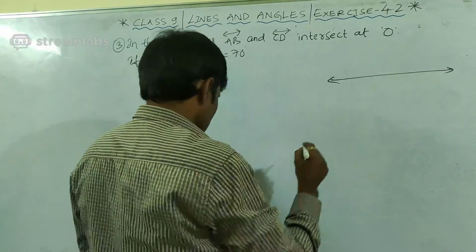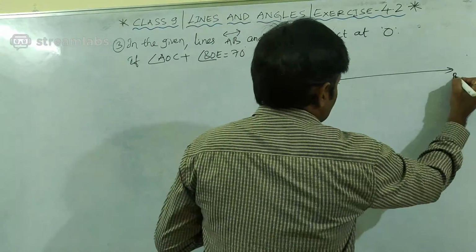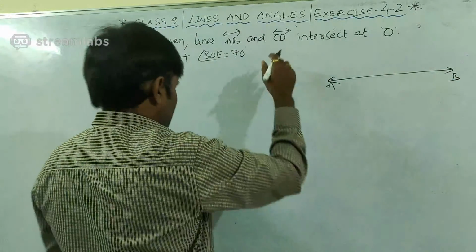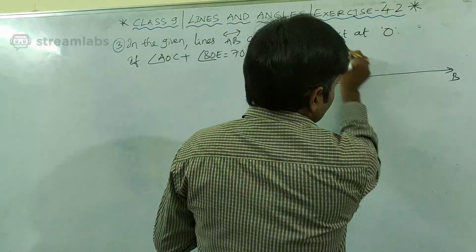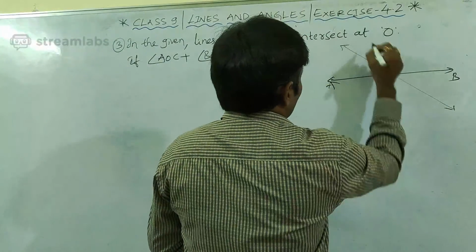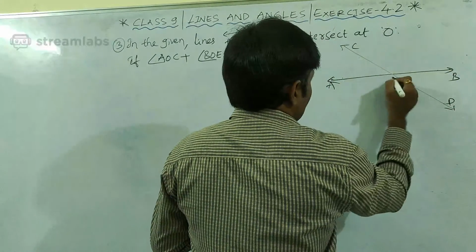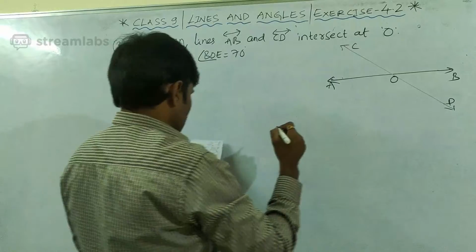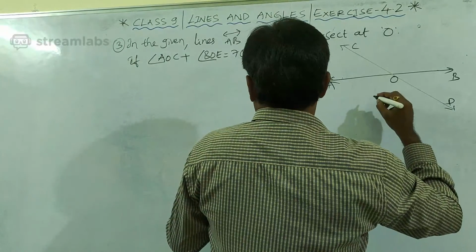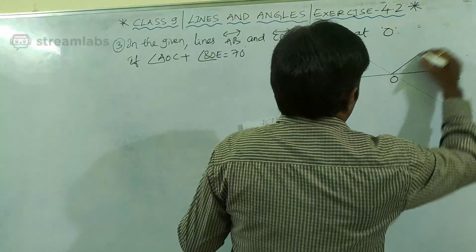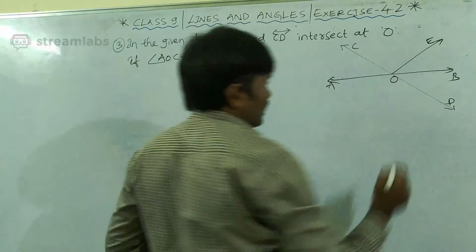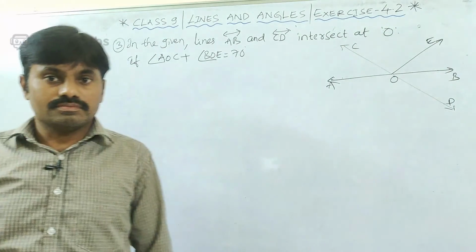See, here AB is a straight line, and what is the other line? CD. Both are intersecting at O. Then here OE is another ray. Okay, this is the given.